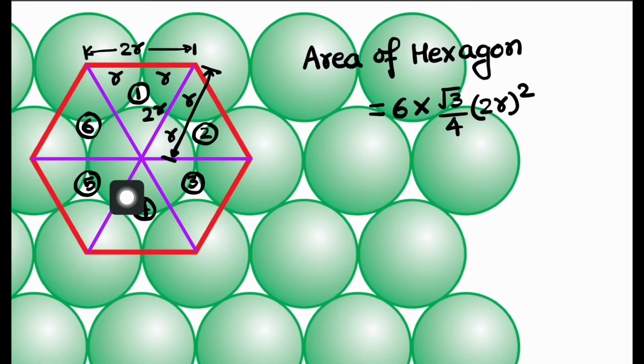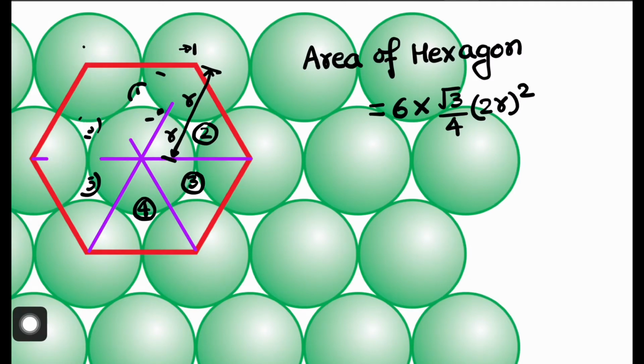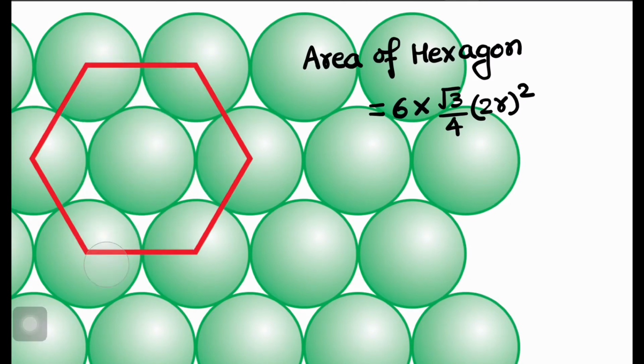Now second, we have to find the area occupied by the atoms, basically the area inside the hexagon which is occupied by the atoms. So how many effective atoms are present in this hexagon, that we need to find. This is one effective atom which is completely inside this hexagon.